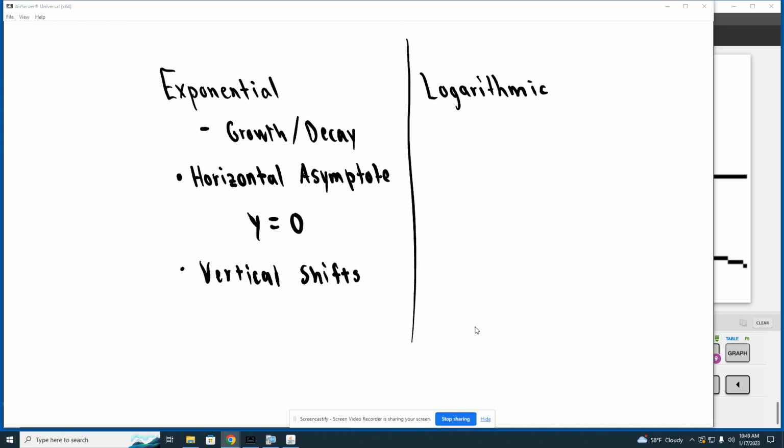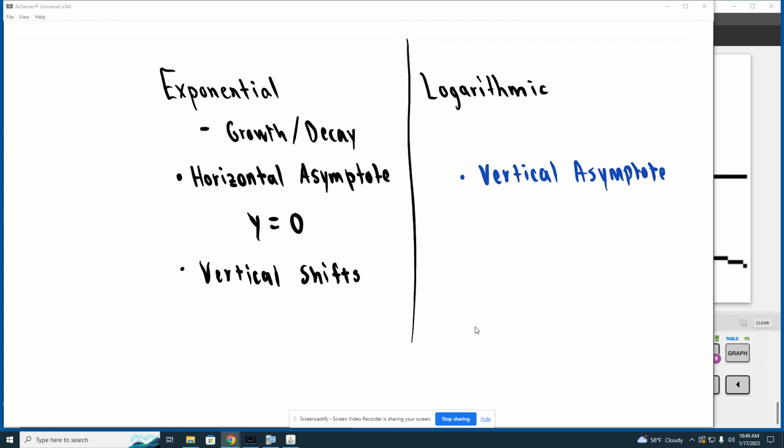And because they have that inverse connection, if an exponential has a horizontal asymptote, what do you think a logarithmic will have? It's going to have a vertical asymptote. There's going to be a vertical line that this will not cross. They're inverses to each other. Exponential has a horizontal asymptote. Logarithmic has a vertical asymptote.